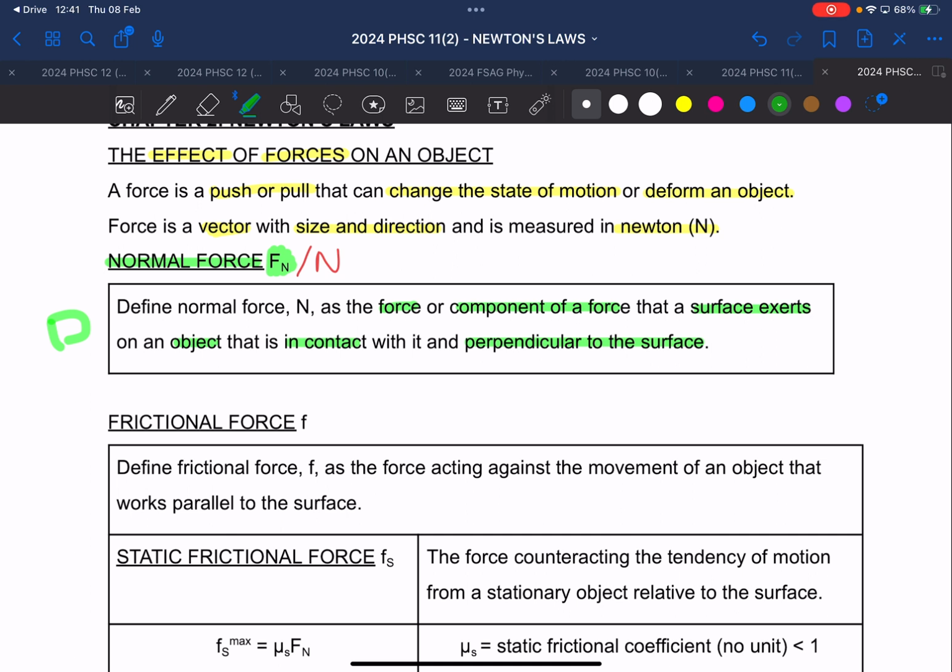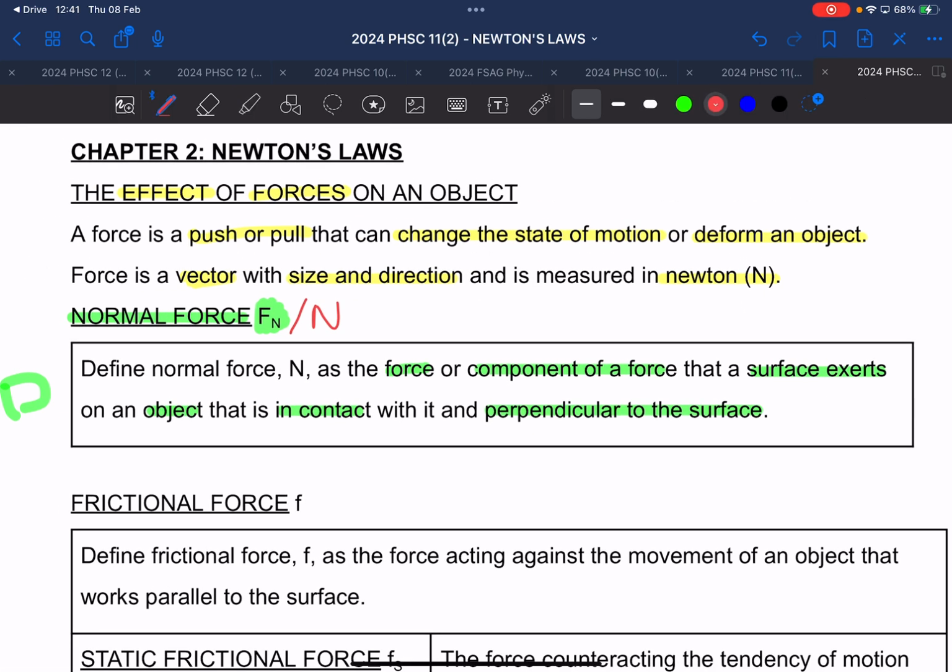Okay, and we spoke about that in the previous chapter. We said, alright, if you have a surface there and the object is on the surface, then the surface will exert a force perpendicular to the object on it. So it's perpendicular, the normal force.